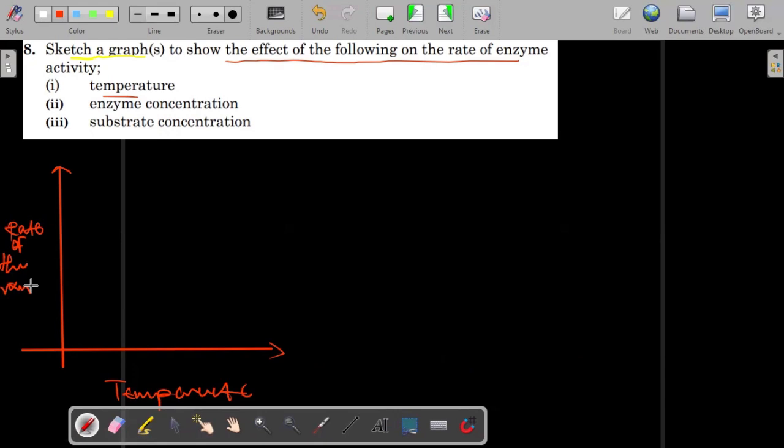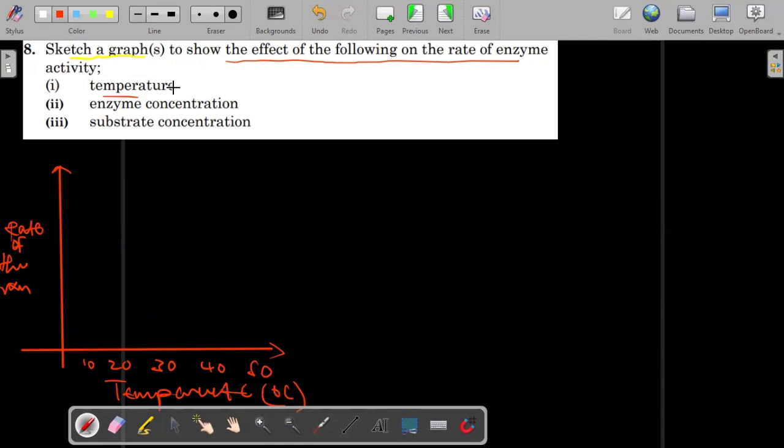So we can have temperature like 10, 20, 30, 40, 50. We know that in the human body, the optimum temperature at which our cells work best is just about 37 degrees Celsius. So this temperature here is in degrees Celsius like that.